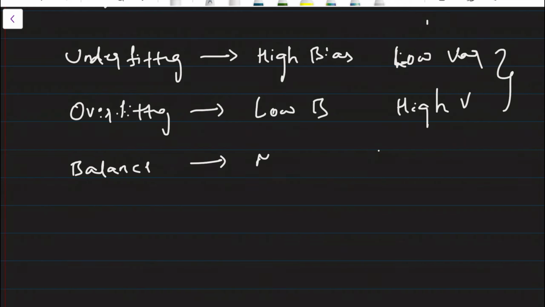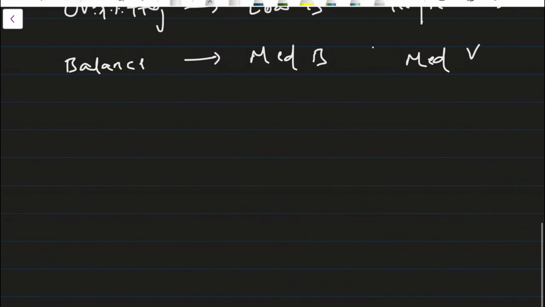That is medium bias, medium variance. Why not low bias and low variance? It is not possible in real life. It is impossible to find a balanced model that gives low bias and low variance. So, you have a bullseye.